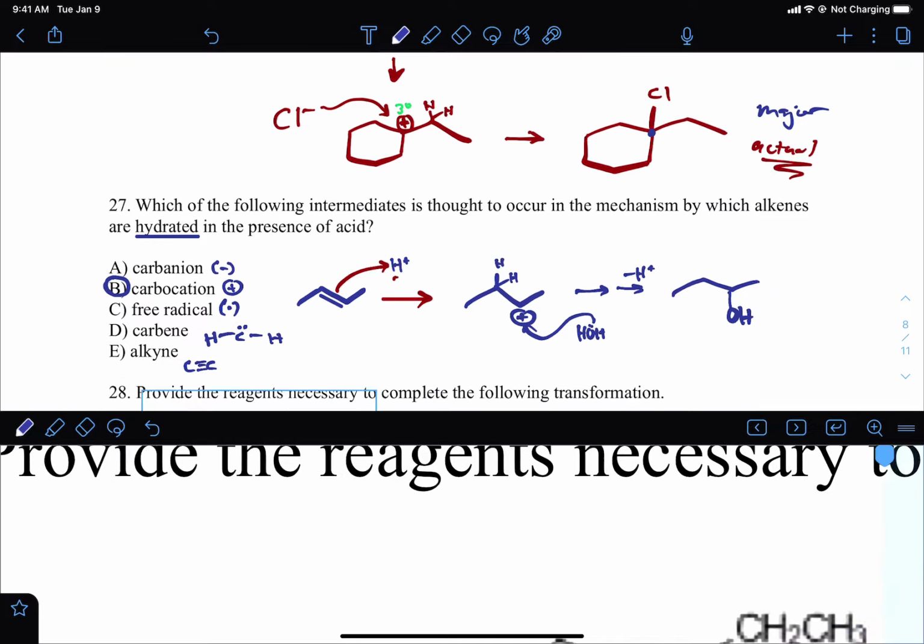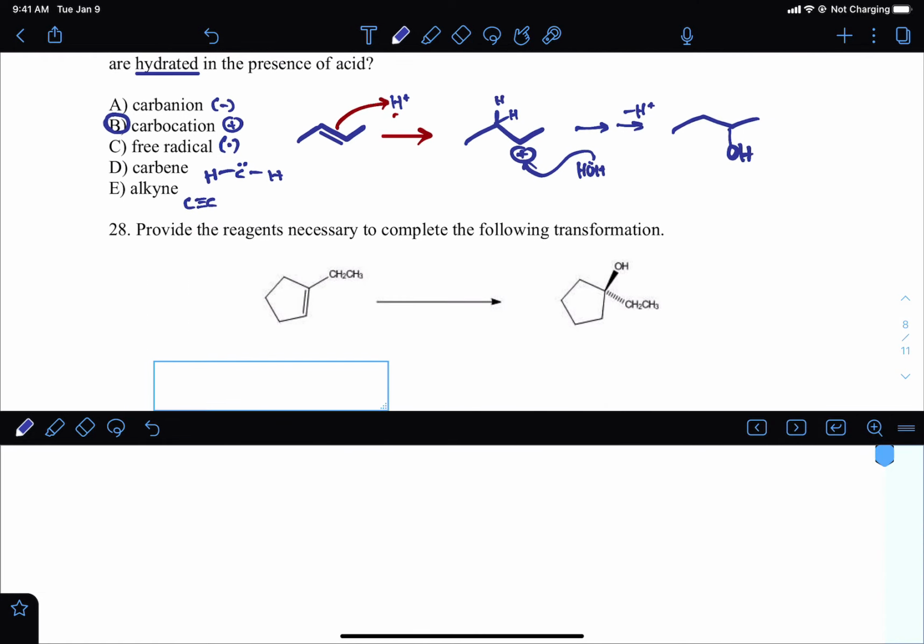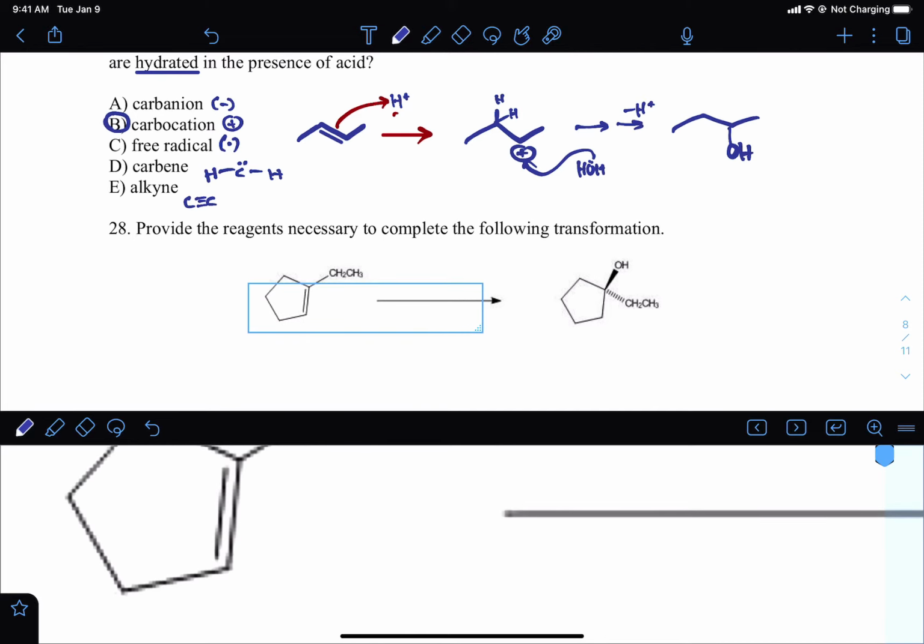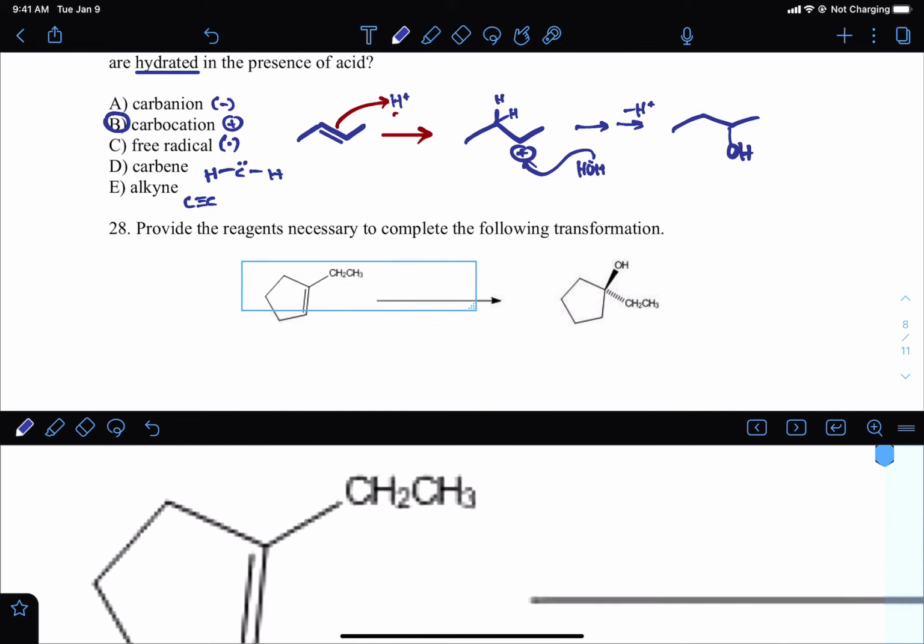Okay, provide the reagents necessary to complete the following transformation. So you want to look for the pattern. You want to say, what is going on here? What's the big picture? And the big picture is we're clearly using up an alkene. So the alkene is going away. We're adding an alcohol.